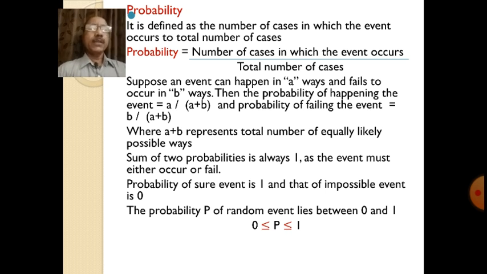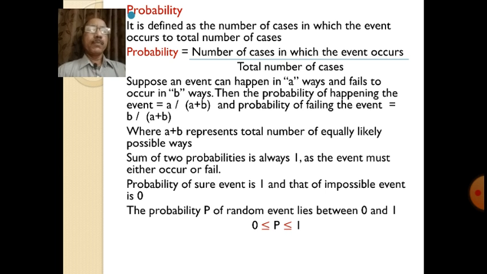It represents the total number of possibilities or total number of cases. The sum of the two probabilities is always equal to 1, as the event either will occur or it will fail to occur.